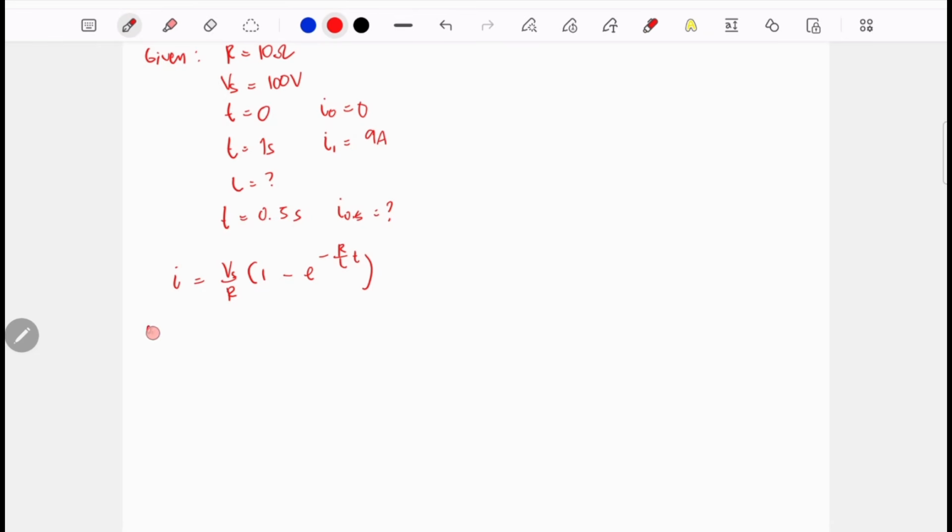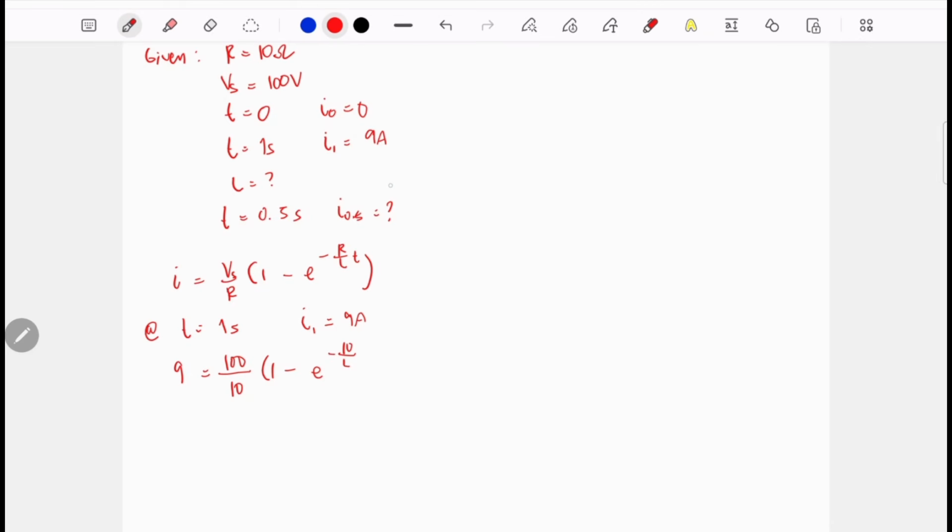So at t equal to 1 second, the current is 9 amperes. So what is the current when the time is 1 second? 9 amperes. So 9. Vs is 100. R is 10. 1 minus e to the negative R is 10.